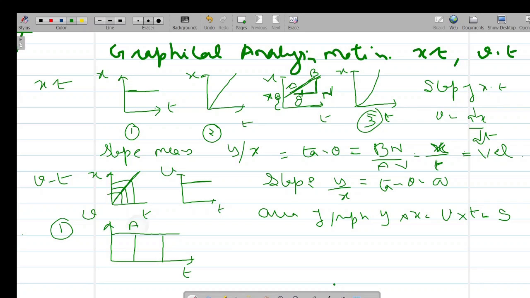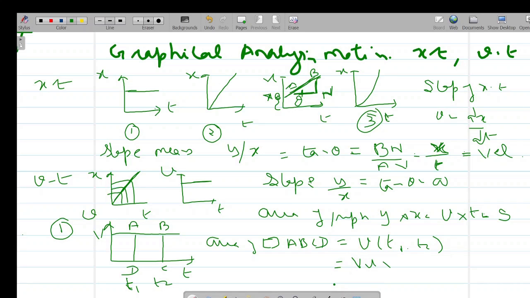Let us mark these points as A, B, C, D. Then what is the area of this rectangle ABCD? This is T1, this is T2 and the velocity is constant. Length into breadth, so this is V into (T2 minus T1), which is nothing but velocity into time.